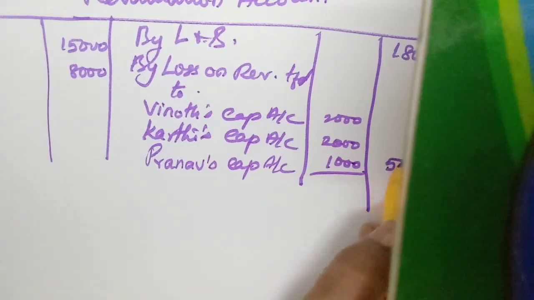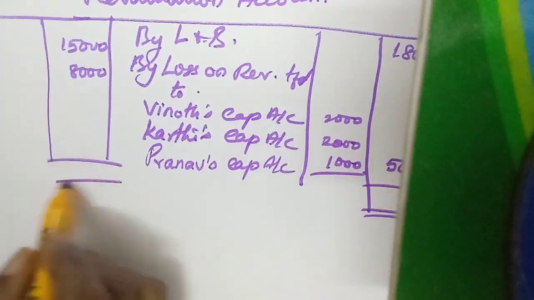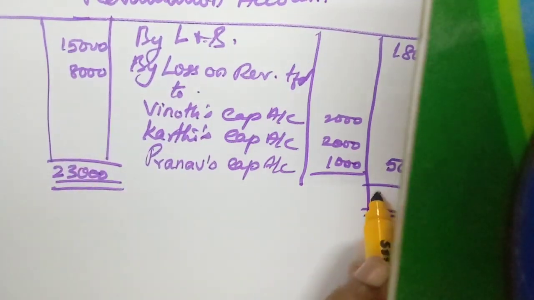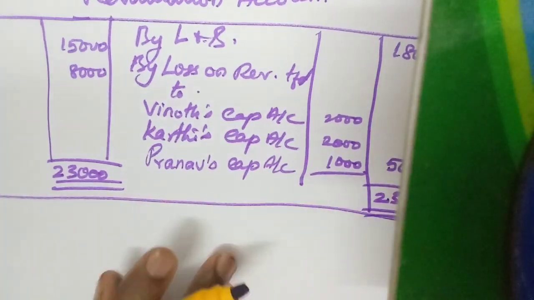Totally 5,000. So we add, we will get the same amount, isn't it? 23,000. 23,000. That's it. Okay.